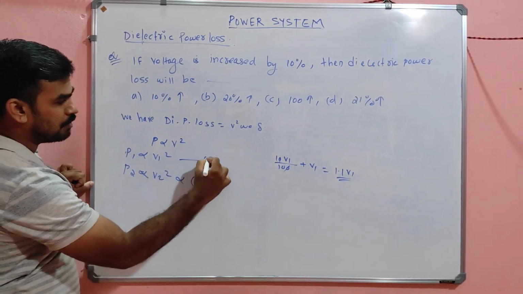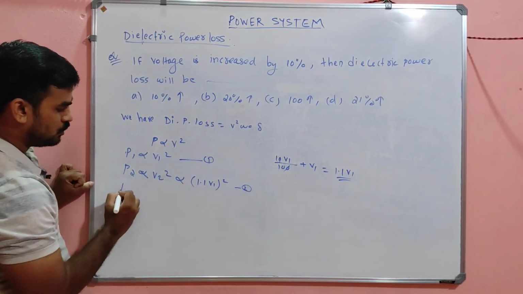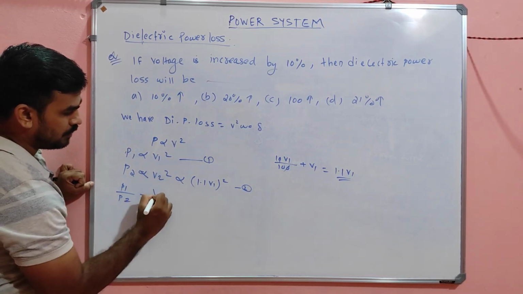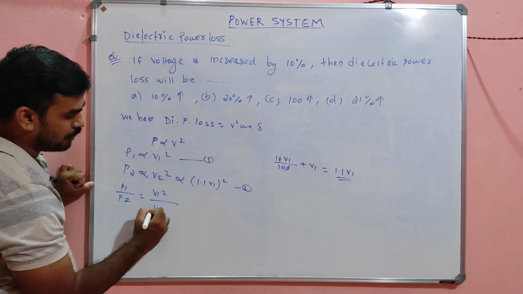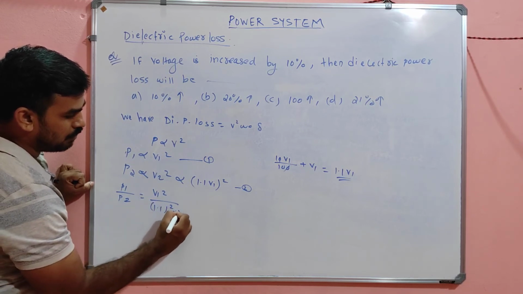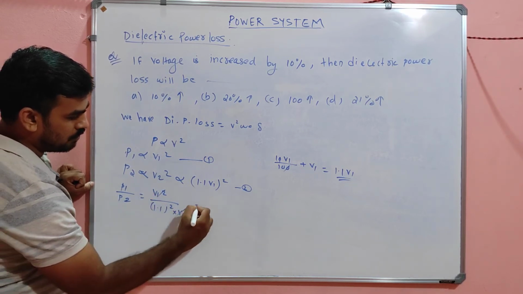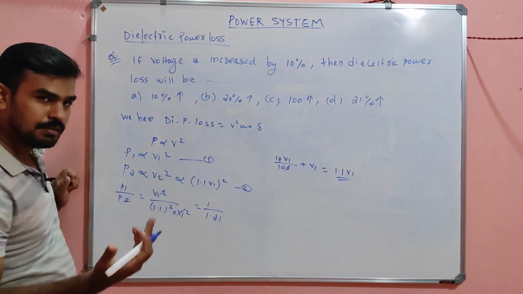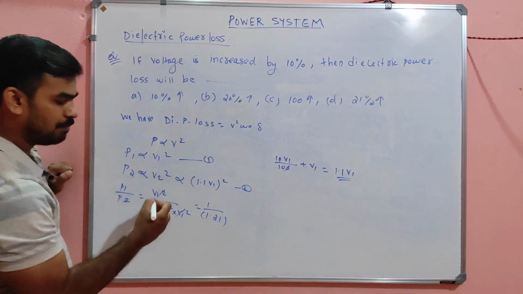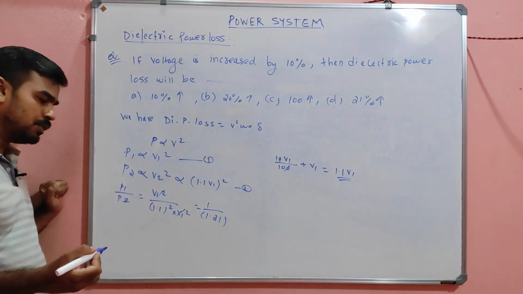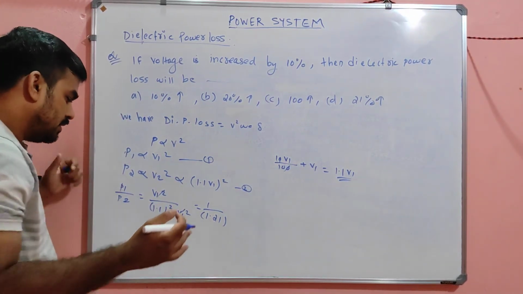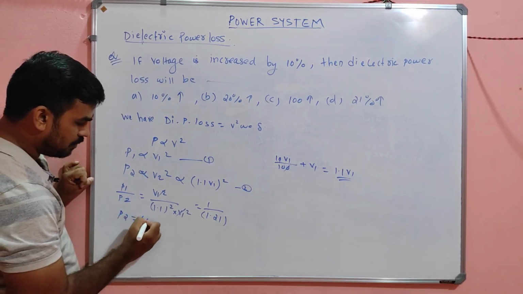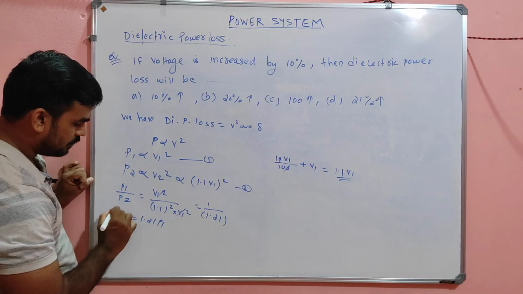Let this be equation number 1 and that be equation number 2. So P1 by P2 will be V1 square divided by 1.1 square into V1 square. V1 square cancels out. 1.1 square is 1.21, since 11 square is 121. So P2 will be equal to 1.21 P1.